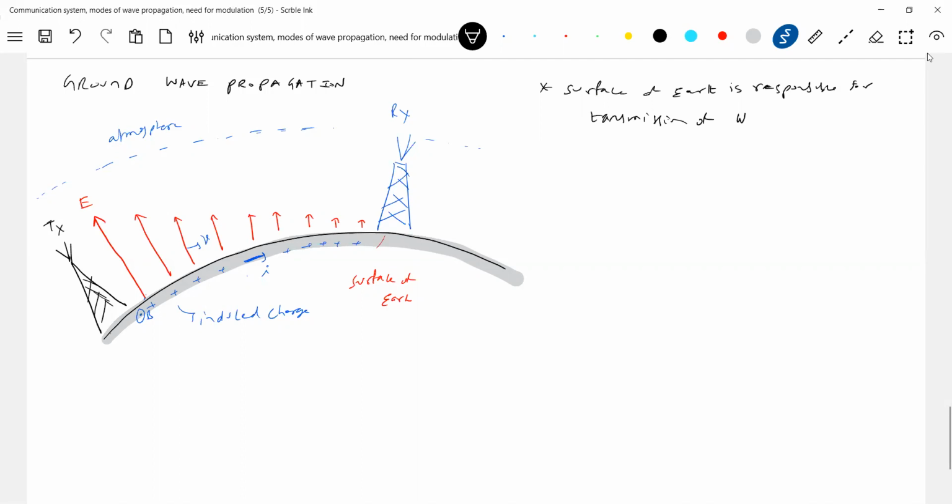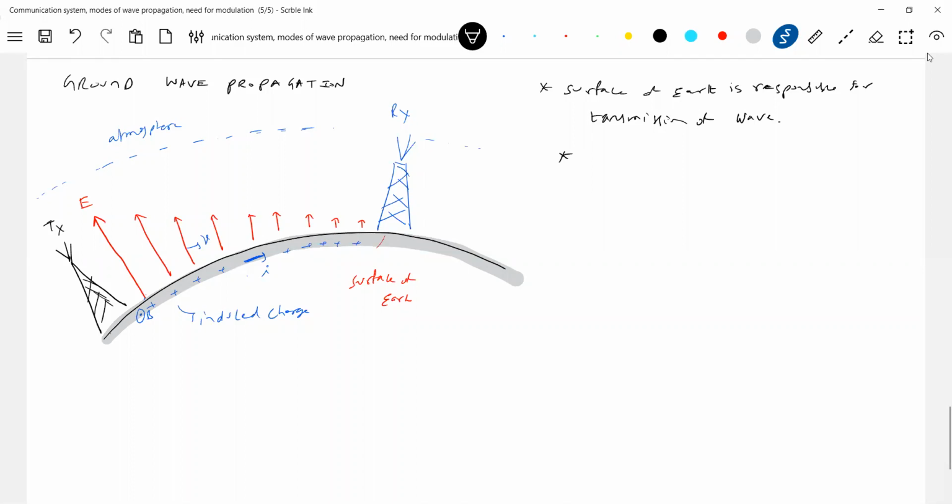When I say wave, it's the EM wave. Or the surface of the earth guides the wave. Guides, okay, all of you, guides. The earth will ensure that the wave moves from one point to another point. That is why some books use the word guide. The surface of the earth is responsible for transmission of the wave.